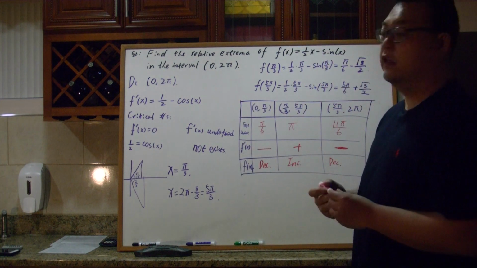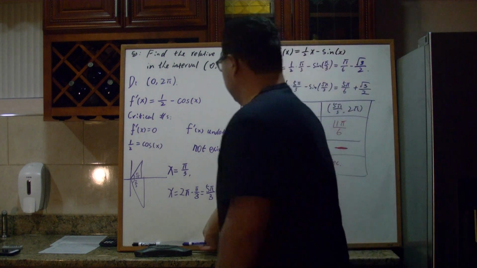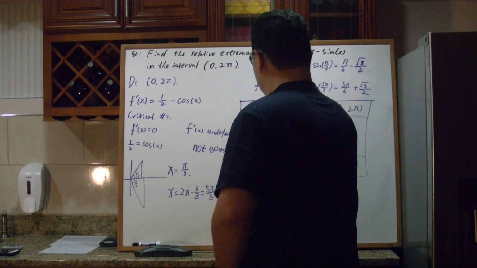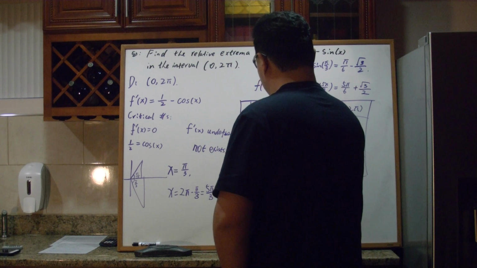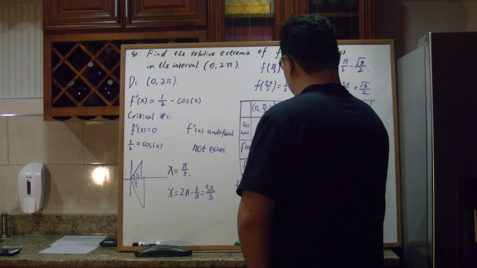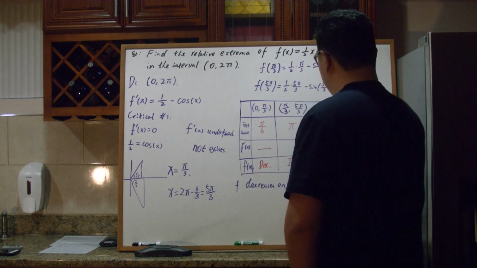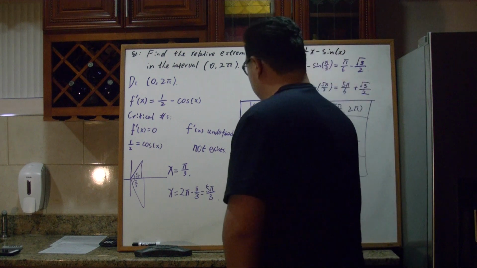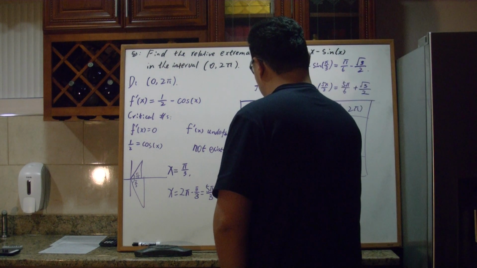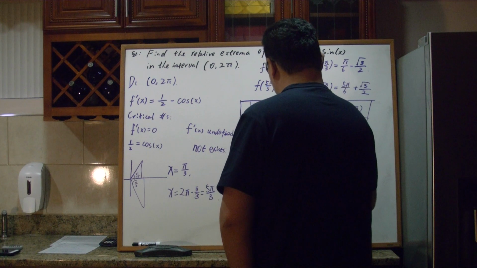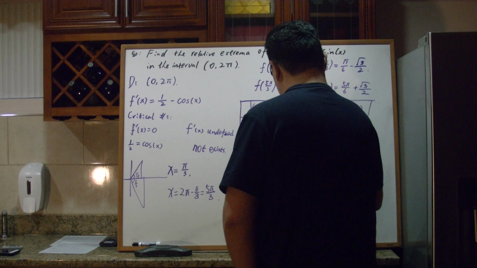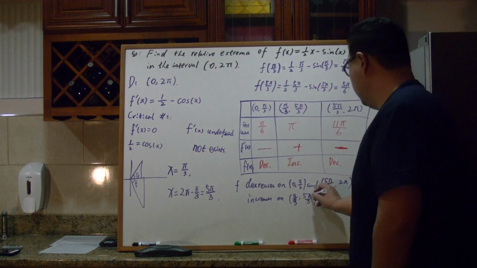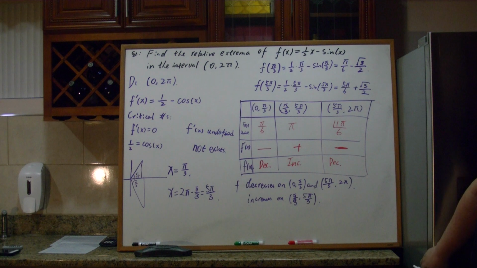I could write down the interval of increase or decrease by saying the conclusion that f decreases on the interval from 0 to pi over 3 and the interval 5 pi over 3 to 2 pi, and increases on pi over 3 to 5 pi over 3. Decreases on such interval, increases on such interval as we had.